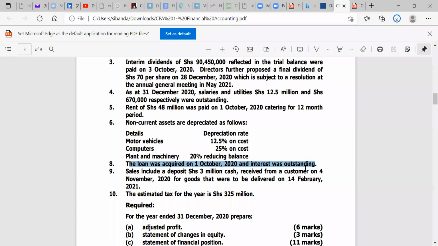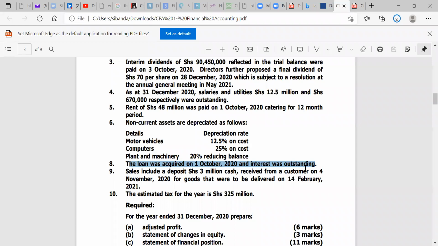So what this means is that we are supposed to calculate the interest for this year. But since this loan was acquired on 1st October 2020, we will calculate interest for only 3 months that this loan existed: October, November, and December, 3 months.